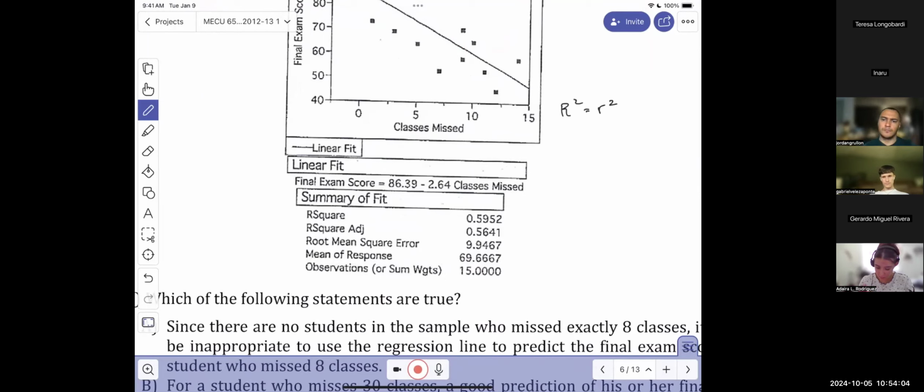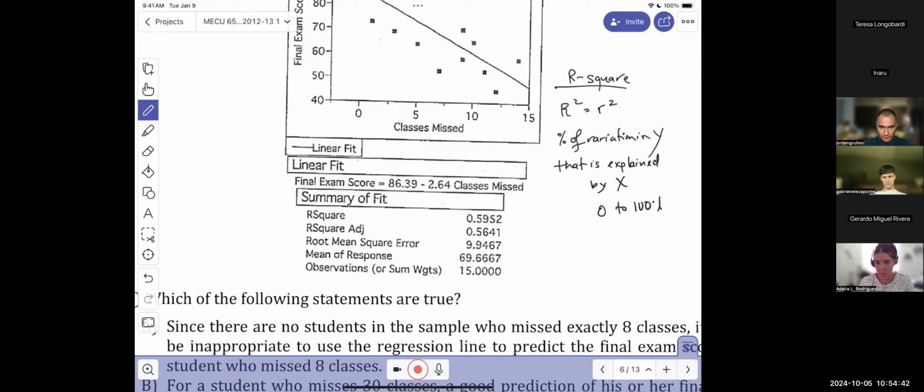Let's write it like this. We call it R squared, and it's interpreted as a percentage: the percentage of variation in Y that is explained by X. And it can be between 0 and 100%.